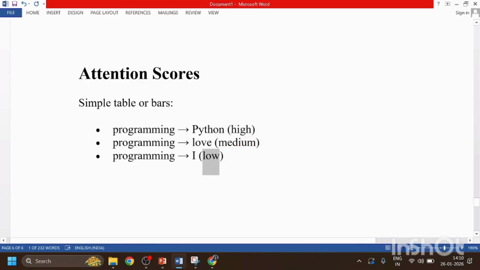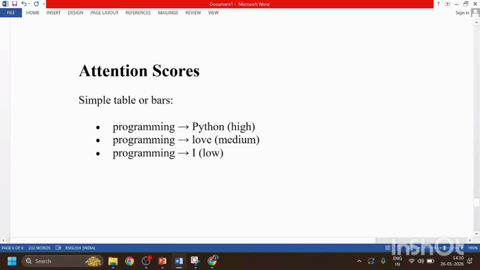The result of this comparison is called the attention score. High number means more focus and lower number means less focus. So there is no meaning here, only weighted relationships.